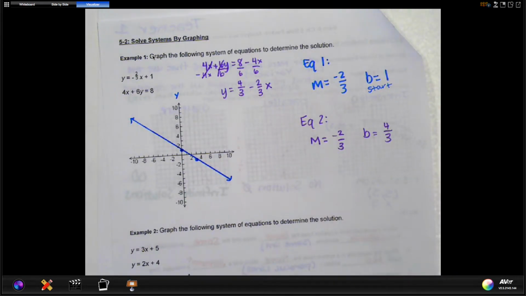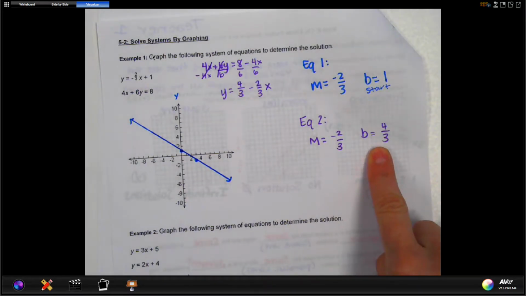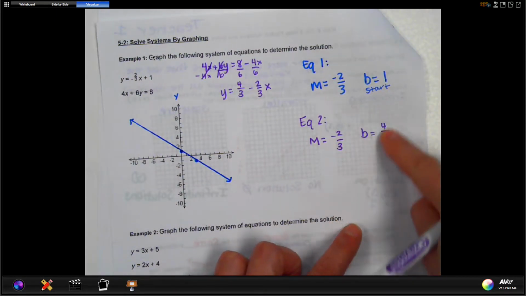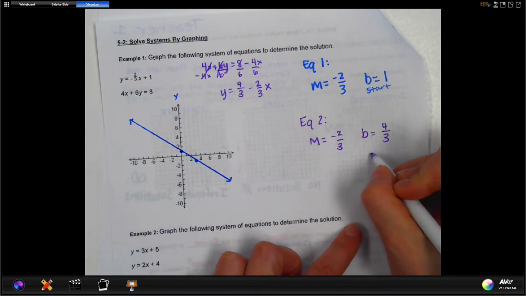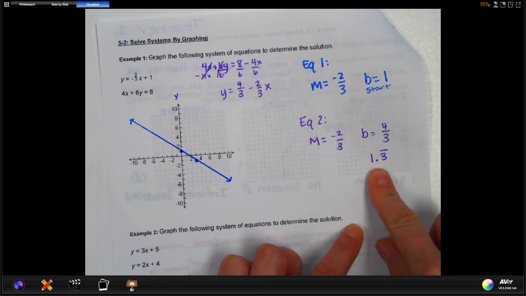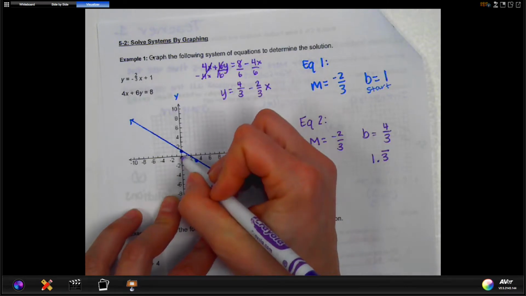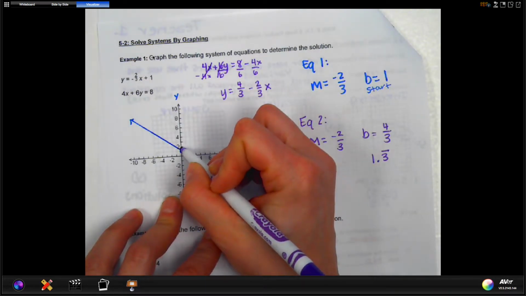Okay, so now when I go to put this on the graph, again, I'm going to start at positive 4/3. Well, that's kind of hard to know where to put that. So if you divide 4 by 3, you will get 1.3 repeating. It's a little bit easier to know about where that starts. So positive 1.3 repeating is just a little above where I started this one.